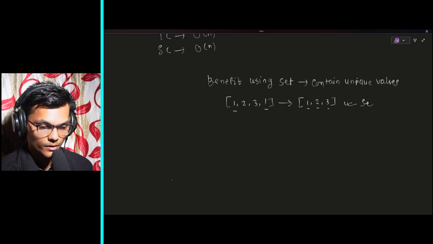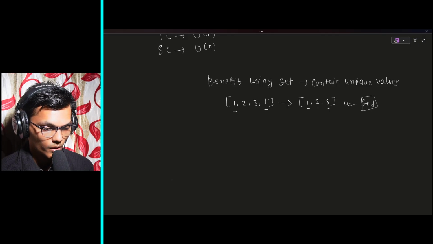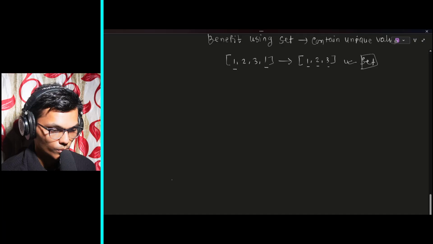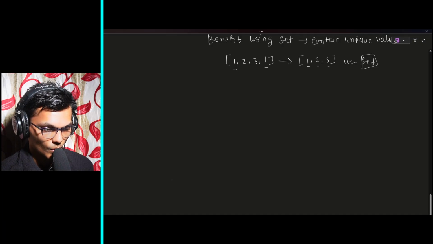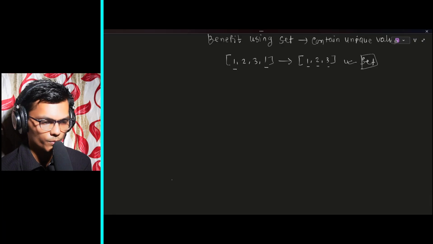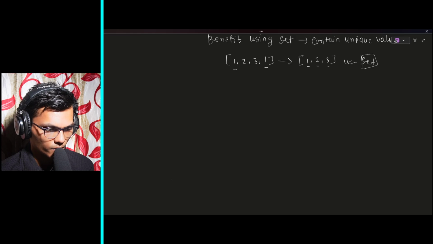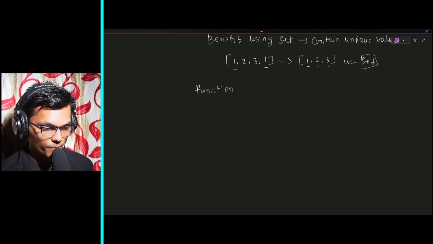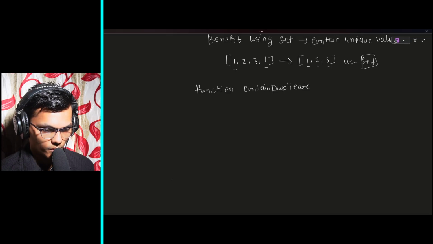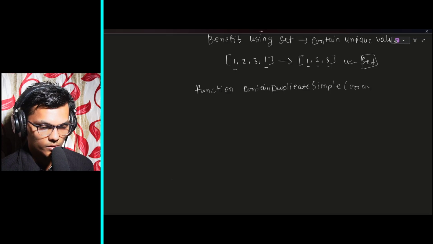So in our solution we can also write it like this. The time complexity and space complexity will be the same, but it will be easier when writing the code, right? So suppose we have a function, again containsDuplicate, I can say simply, this is array.